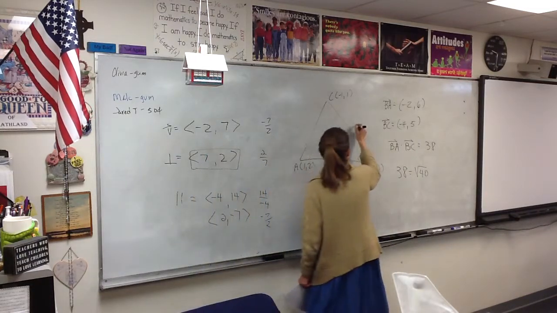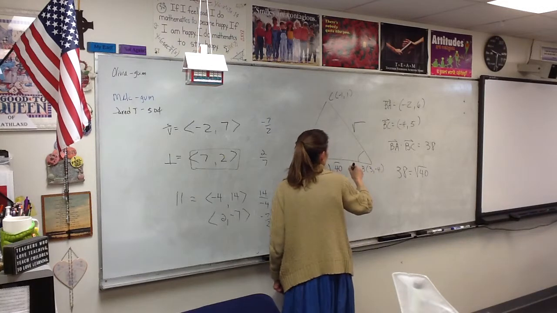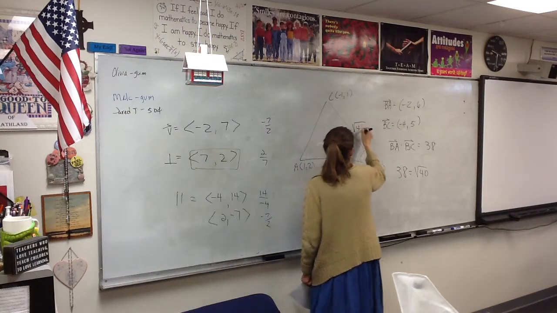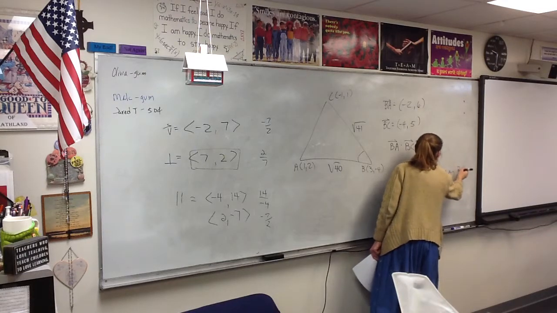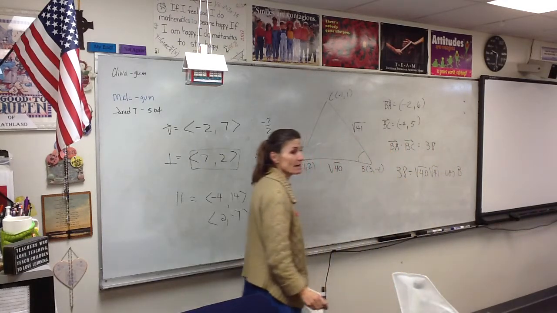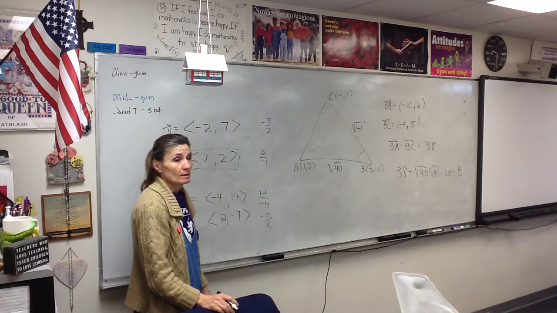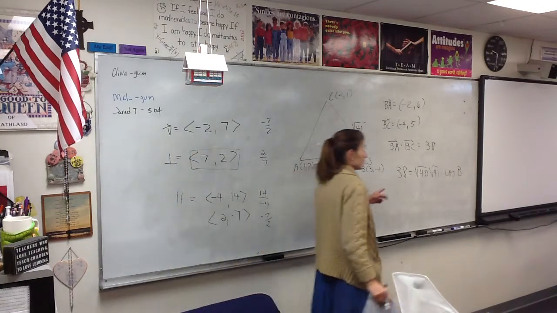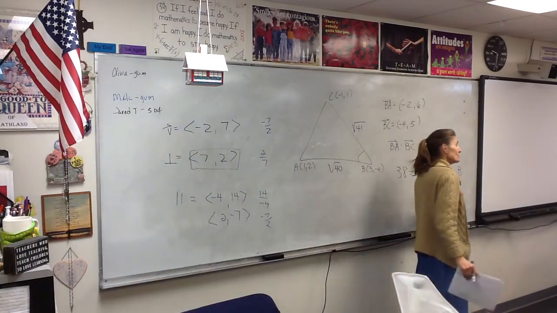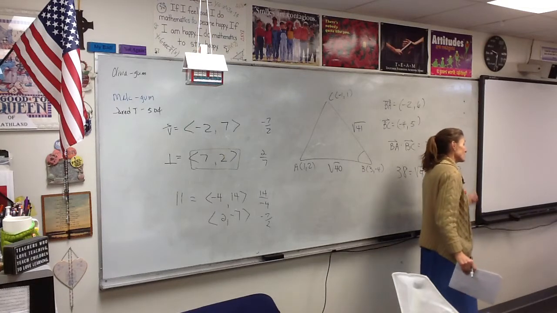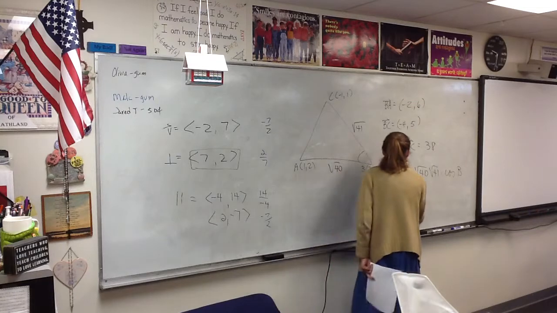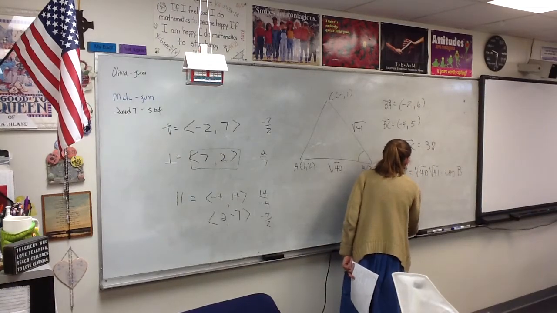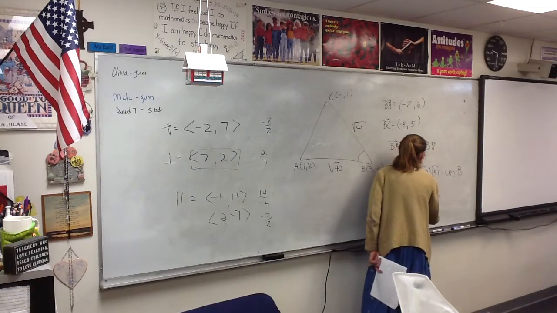And BC, what's its magnitude? Root 41, times the cosine of the angle between them, which is B. Dot product equals magnitude times magnitude times cosine.